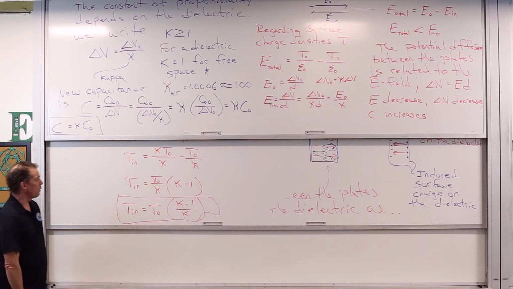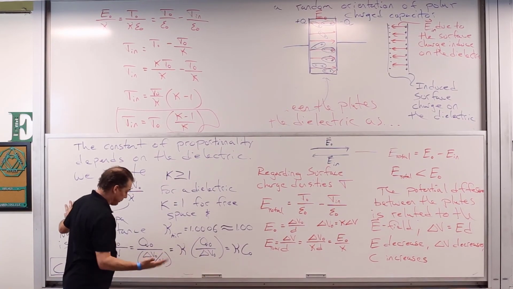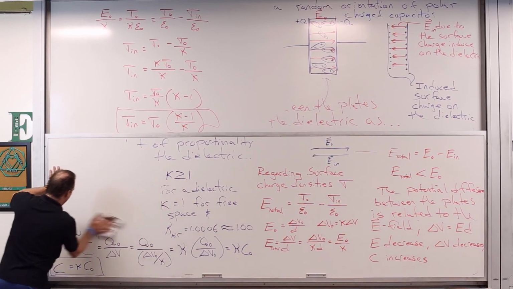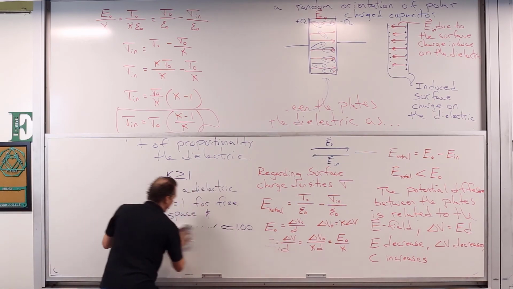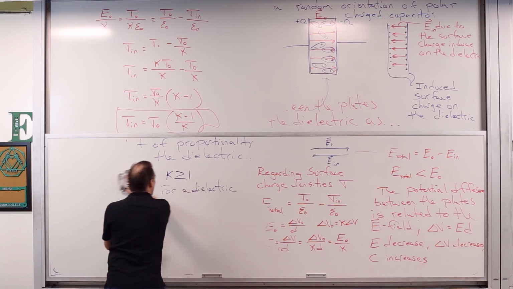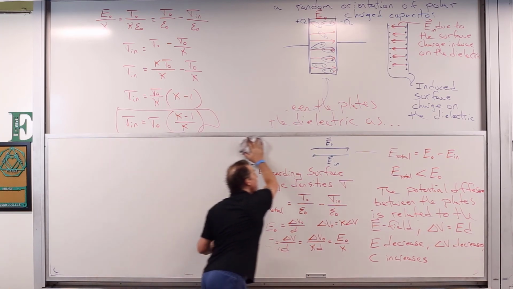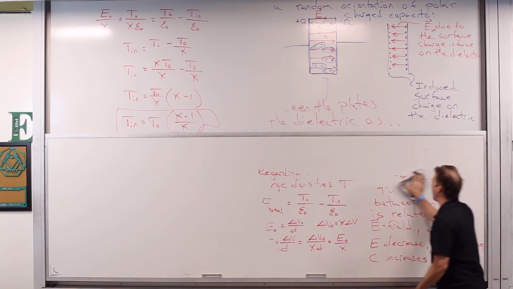There's one other thing that goes along with some dielectrics. There are a couple of things, but I'll look at one right now. And that is what is known as dielectric strength. Dielectric strength has to do with the maximum electric field that the dielectric material can withstand before it undergoes what is known as dielectric breakdown.